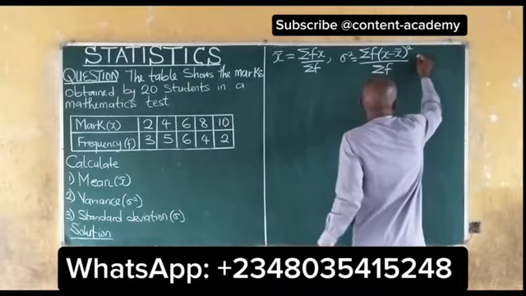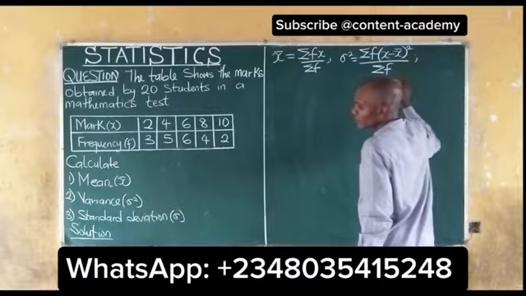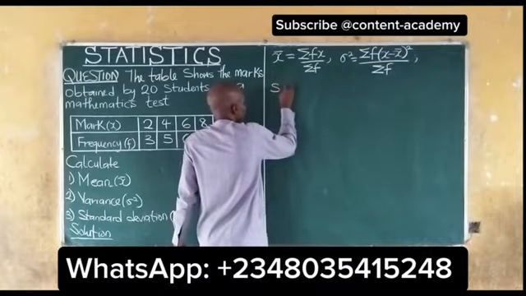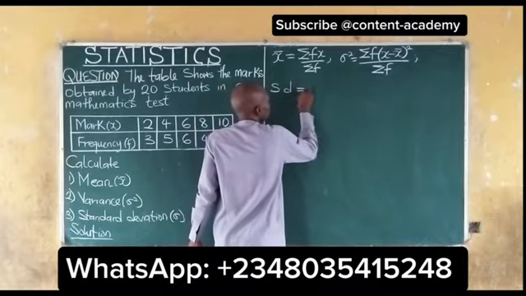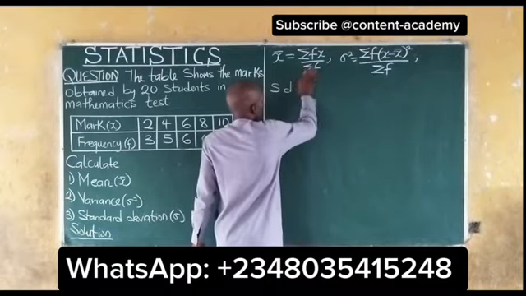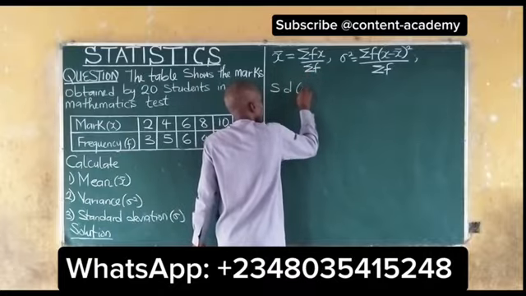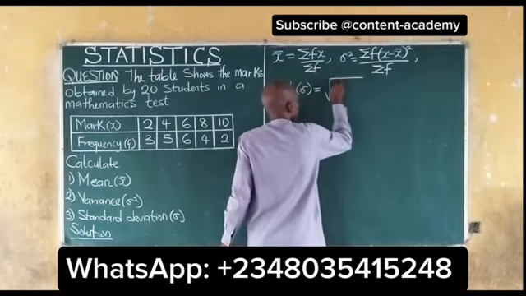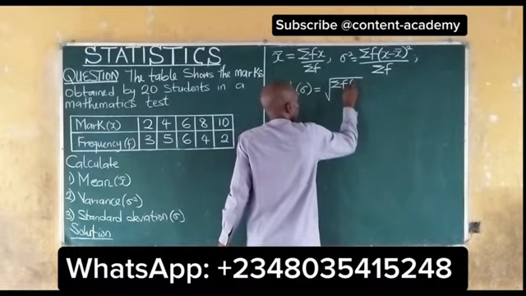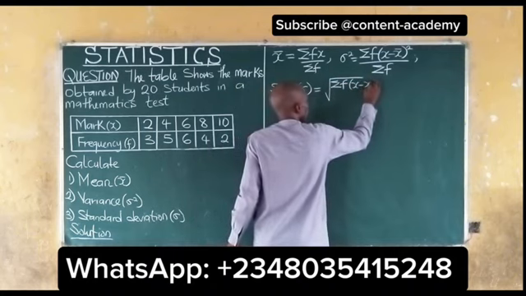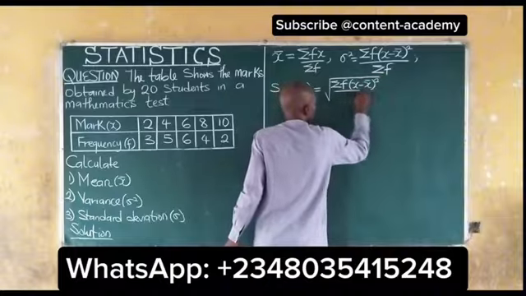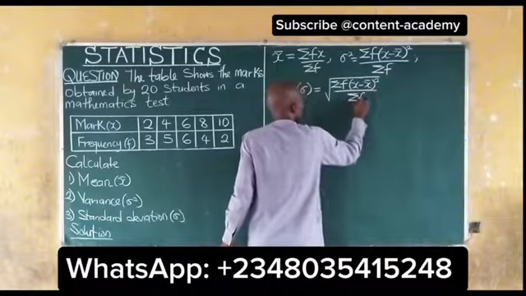And we also note the standard deviation. The standard deviation is denoted as this, and is equal to the square root of the variance.